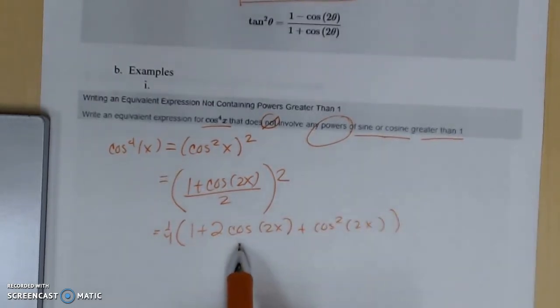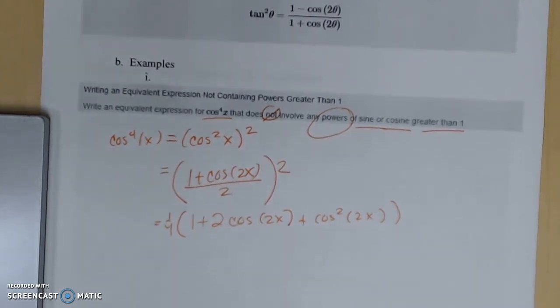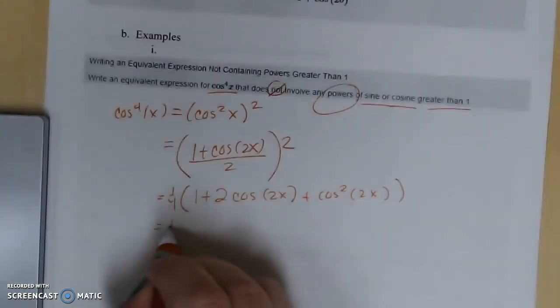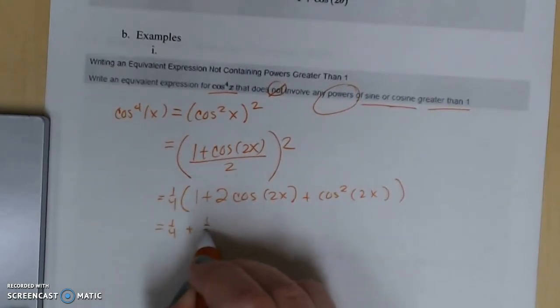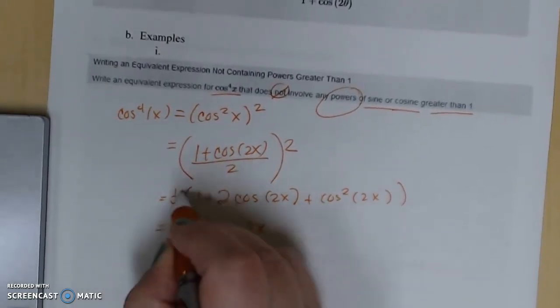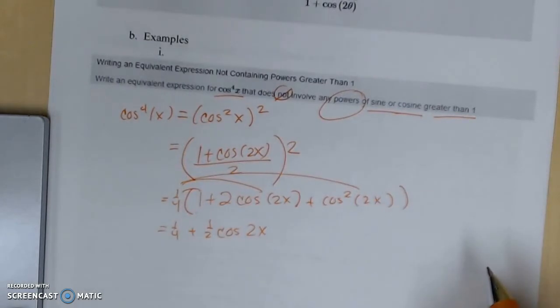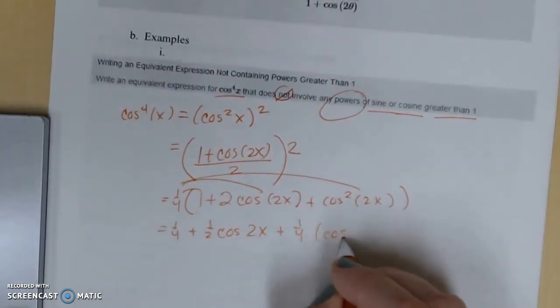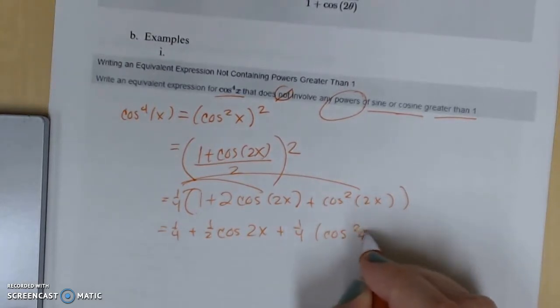So this looks good, and the last thing I need to do is reduce this cosine squared down. So I'm going to go ahead and distribute this 1/4 because I've got a whole lot of parentheses going on. So that gives me 1/4 plus 1/2 of cosine 2x. And again, I'm just distributing that 1/4 out, plus 1/4 of cosine squared 2x.